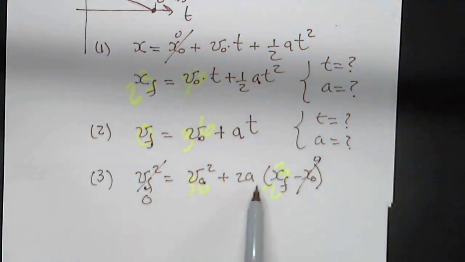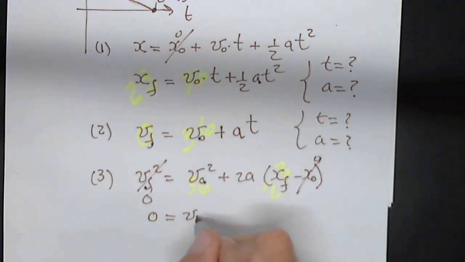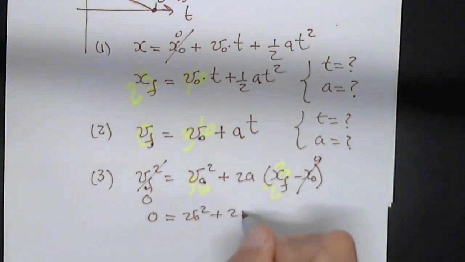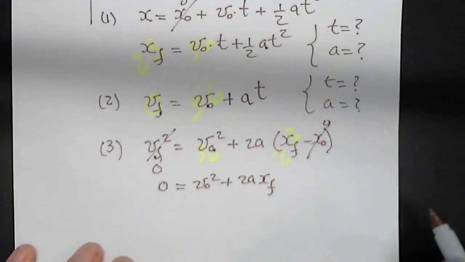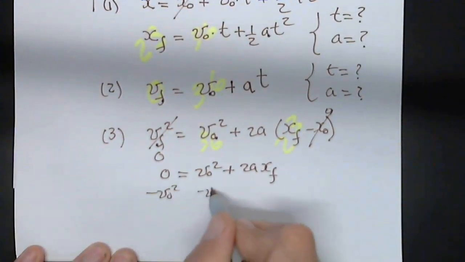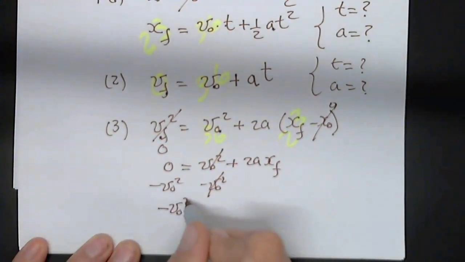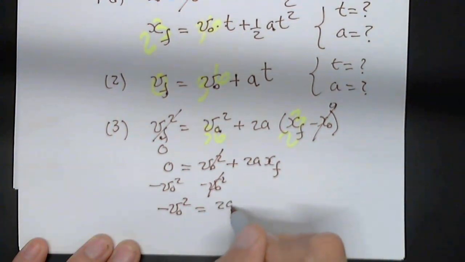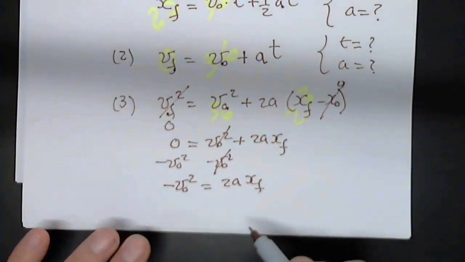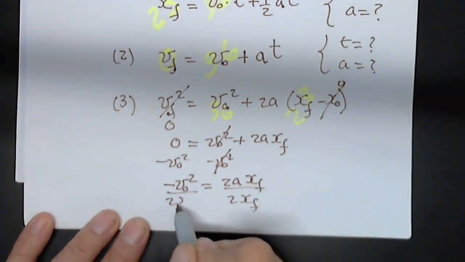So in this equation, I can solve for the acceleration. So I got 0 equals V naught squared plus 2a xf. And I minus V naught squared. Negative V naught squared equals 2a xf. And now I divide by 2 and final position.